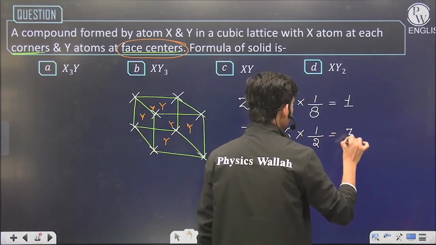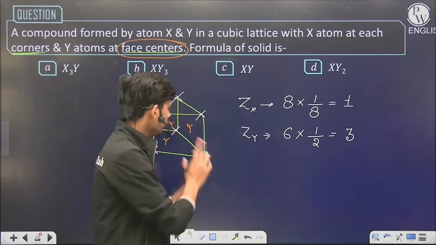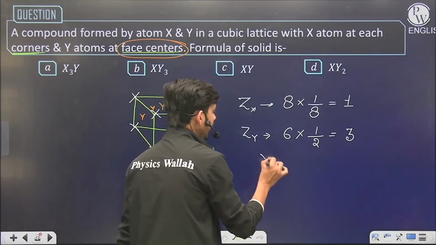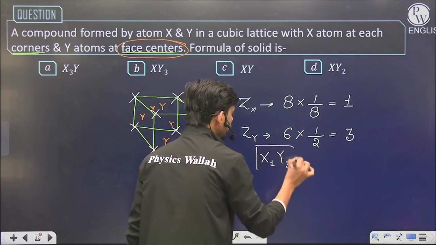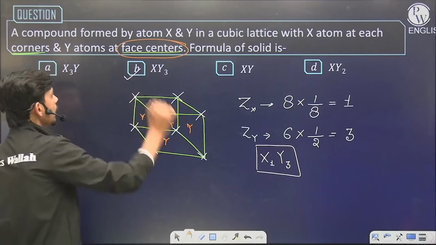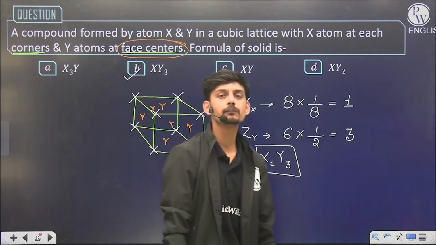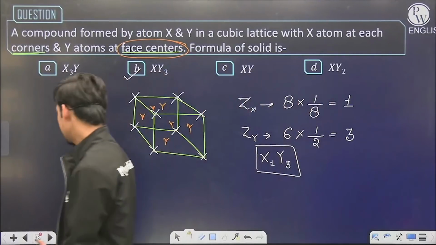So effectively we have a total of 3 Y atoms in the unit cell. So the ratio will be X1 Y3 and the formula of the solid will become XY3, the simplest ratio formula. So for this question, B, XY3 is the formula of the solid. That's how we do a question of rank.